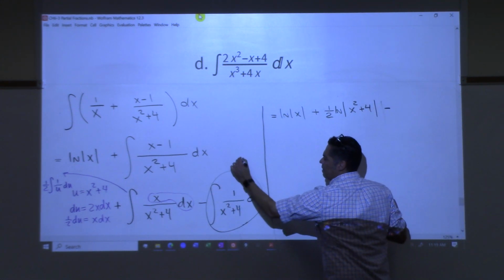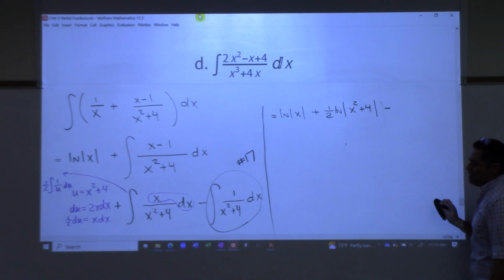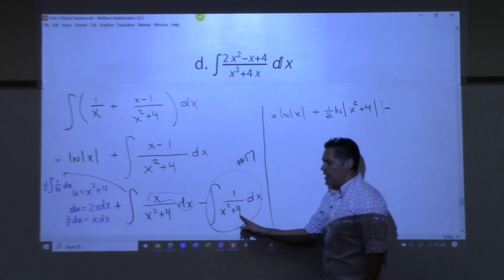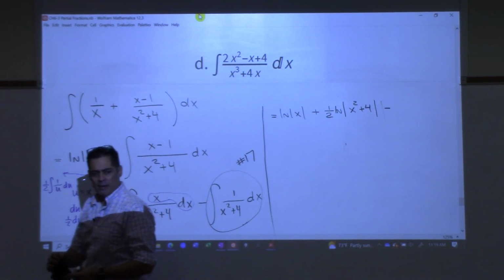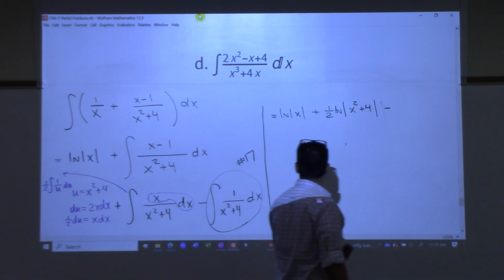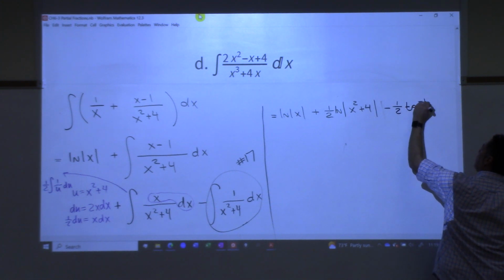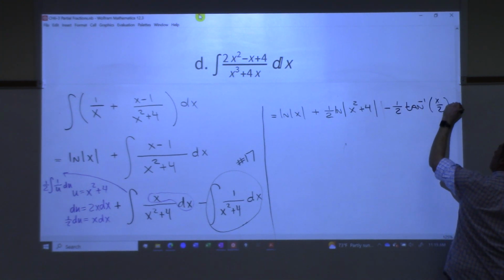And that's formula 17, right? And formula 17 says you have to figure out what a is. A for us in that formula would be what? 2. And so it's 1 over a inverse tangent of x over a. So 1 over 2 inverse tangent of x over 2 plus some constant.